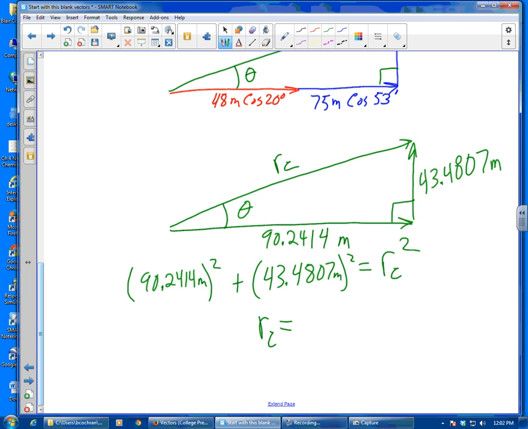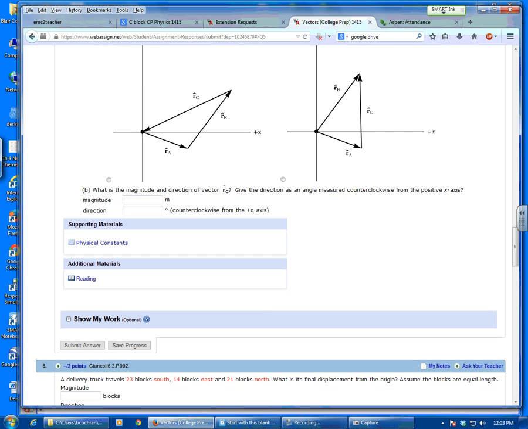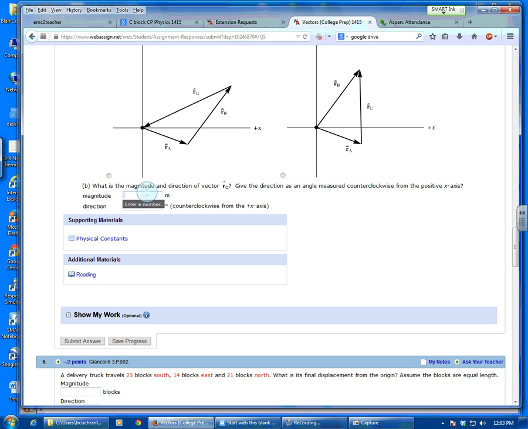Lots of people are good at that. Ooh, that's not good. And second square root, second answer. I get 100 meters. Jen, could you do me the favor of putting in 100 meters there?